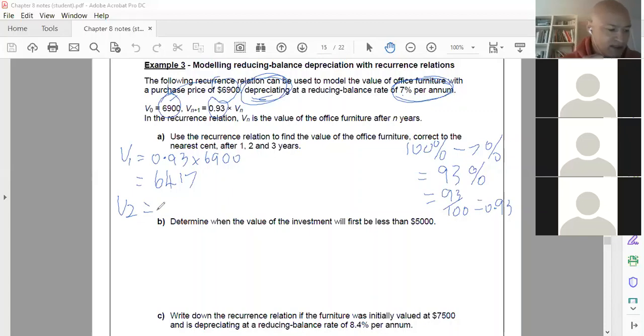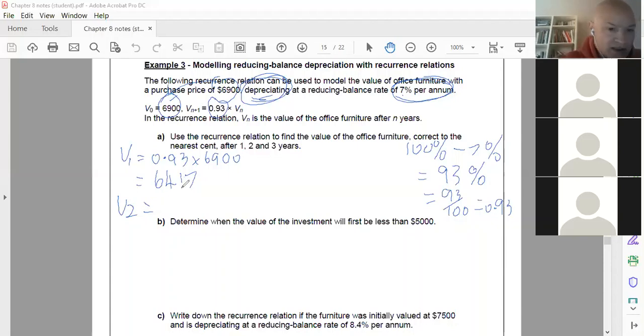So when I press enter again, it gives me $5,967.81. Okay, and press enter again and it gives me the third answer, $5,550.06. So only show the working out when you have to, like on a SAC or on an exam, or else you can just do it on your calculator like that.